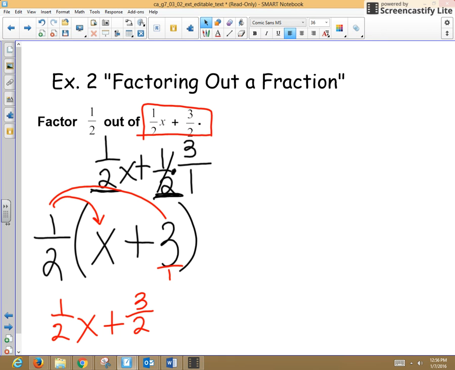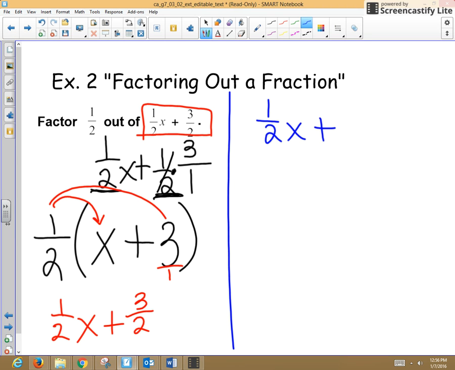Another way you can look at this problem is simply by dividing. If you have 1/2 x plus 3 over 2, divide out the 1/2, you can see that 2 is a common denominator and 1 is divisible. So you can start with 1/2 and test it. 1/2 goes into 1/2 one time. Again, there's just the x. 1/2 can go into 3/2.